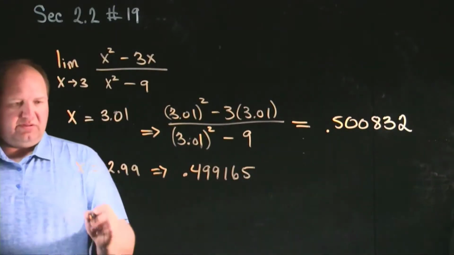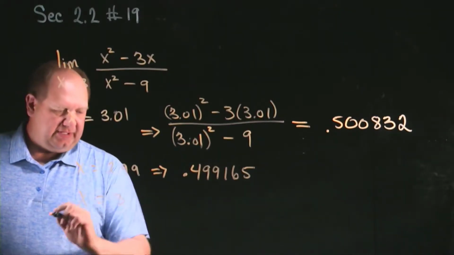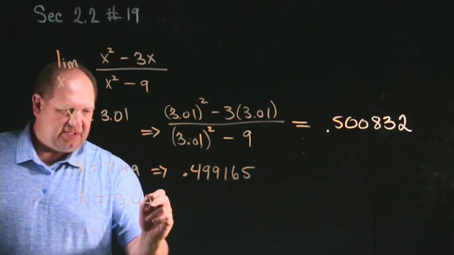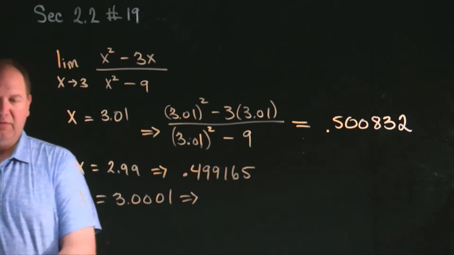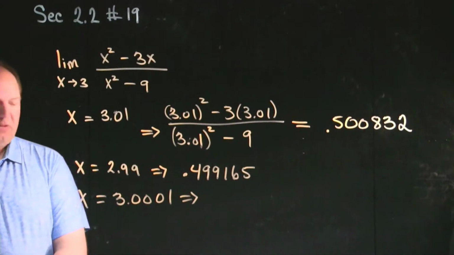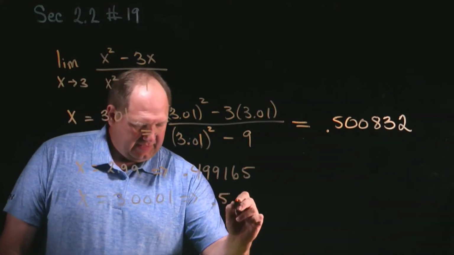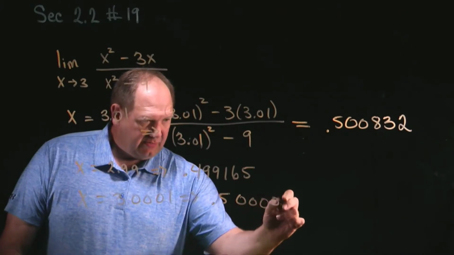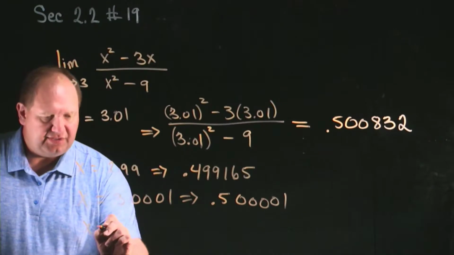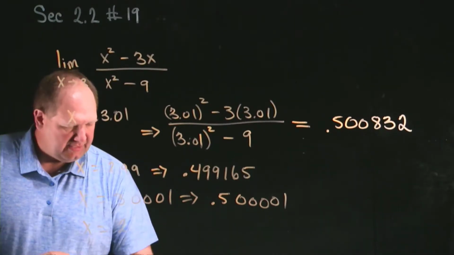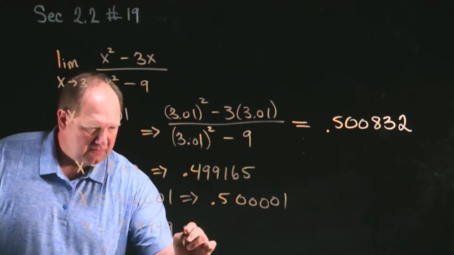I also chose to do it for 3.0001, and when I plugged in 3.0001, I got 0.500001. And I also chose to do it for 2.9999.